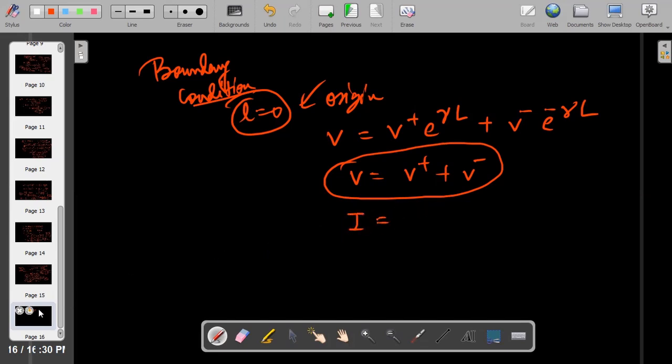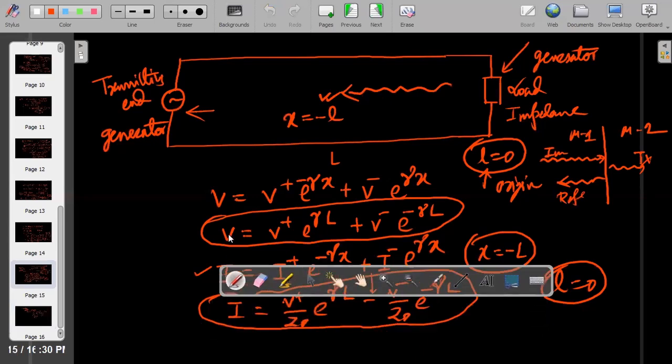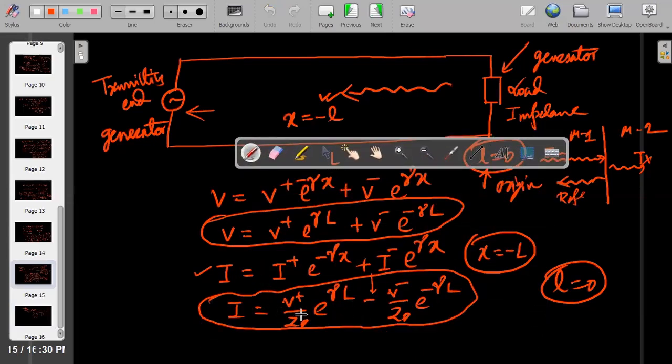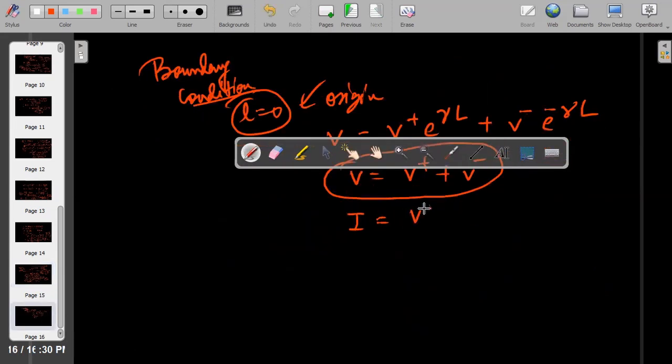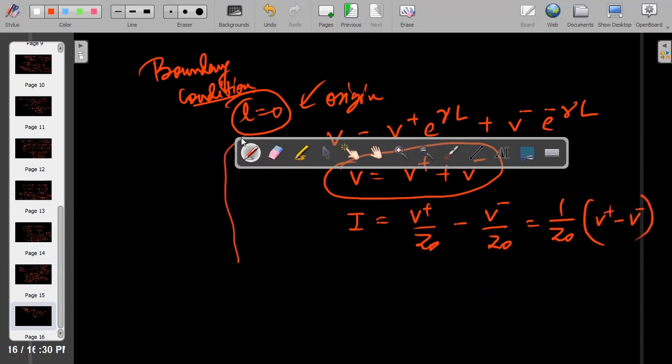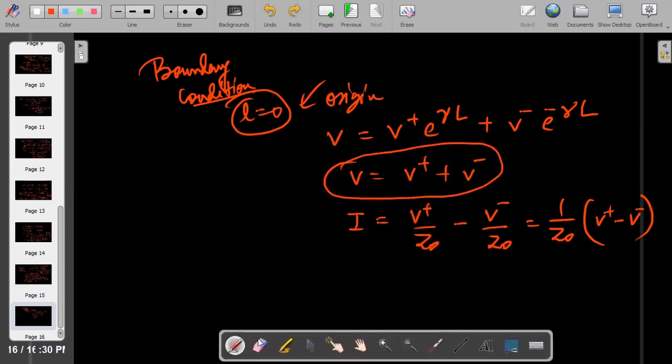It will be V plus by Z naught minus V minus by Z naught, or we can write 1 by Z naught into V plus minus V minus. So this is coming, correct? Now, let's say this is one equation. This is another one.